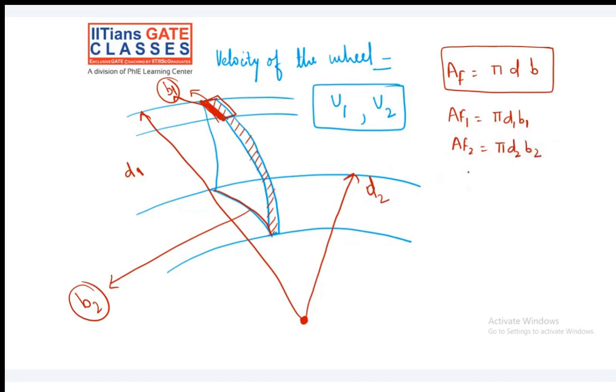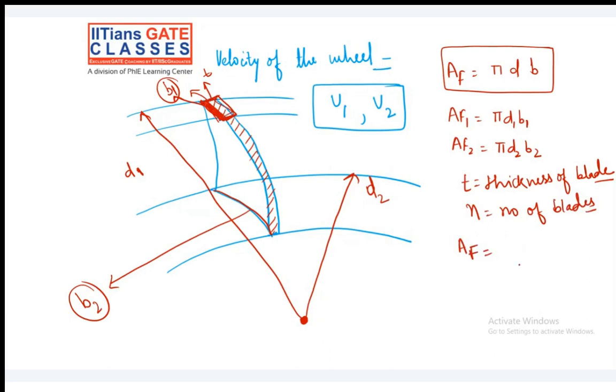Okay, and if t is the thickness of the blade, this is the part I am talking about, and suppose n is the number of blades, then what is the area of flow now? These are the areas which are not contributing to the flow, right?